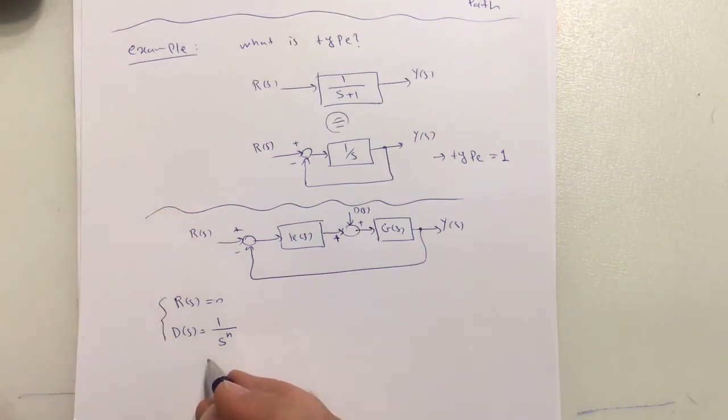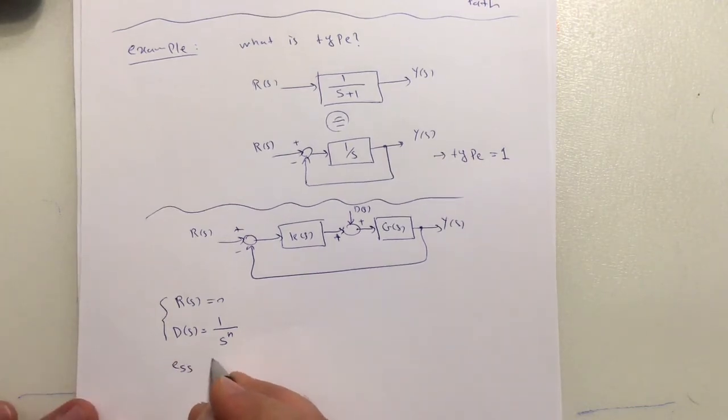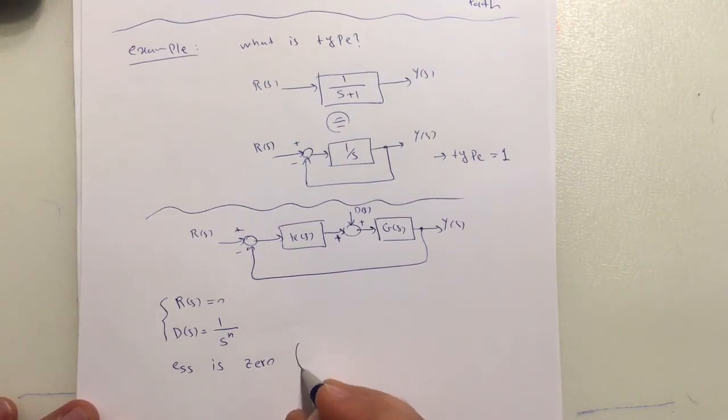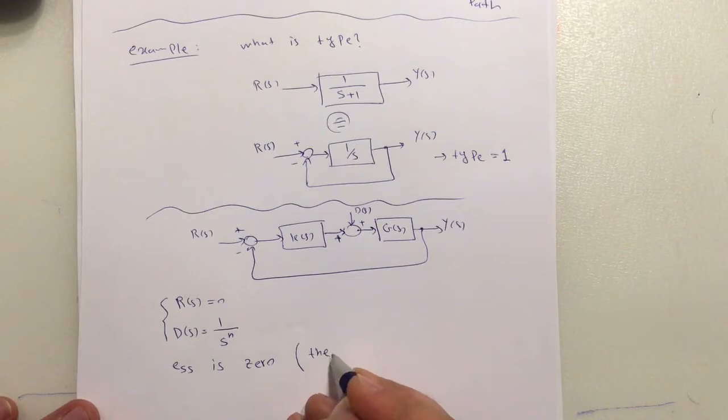the steady state error is 0. I will explain why, but let me write the theorem.